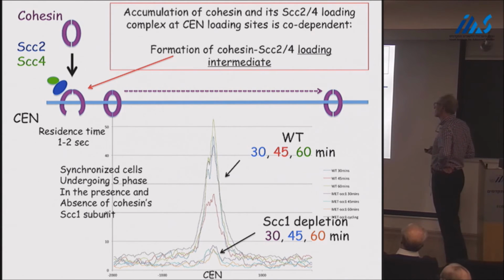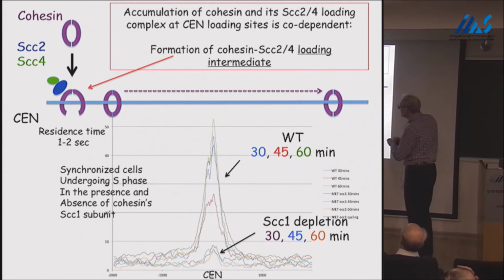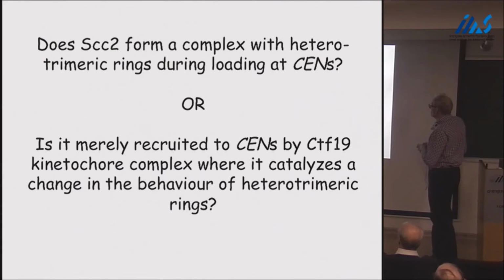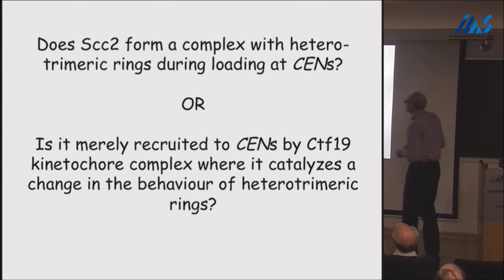And what she claimed is indeed correct, that the arrival of the loading complex with time as cells go through S phase in the wild type does not take place if you allow the cells to enter S phase in the absence of cohesin. So basically, cohesin coming in here depends on the loading complex, and the loading complex coming here depends on cohesin. They're interdependent. And so then there's sort of two possibilities.